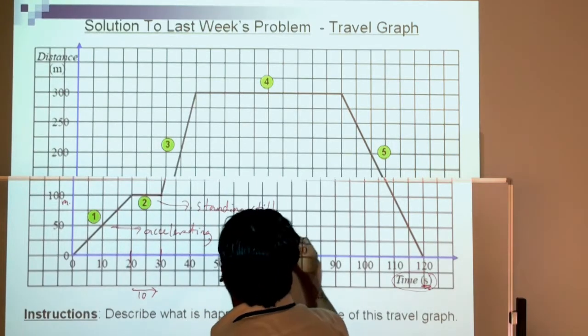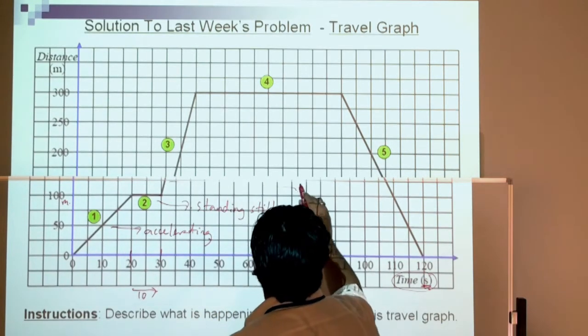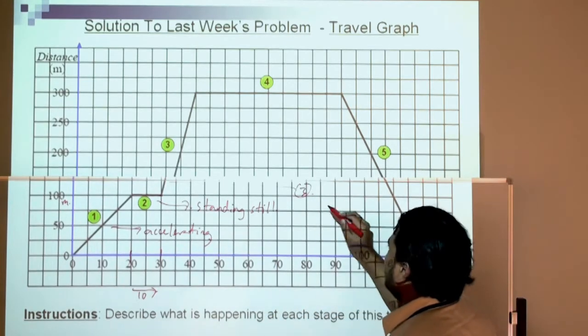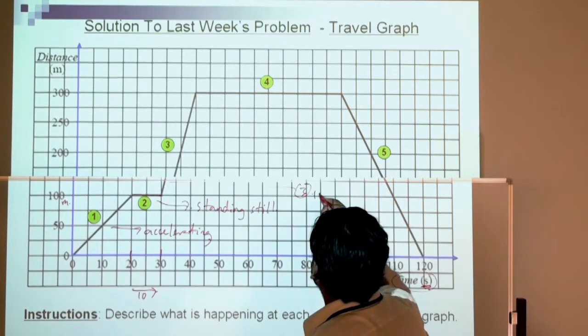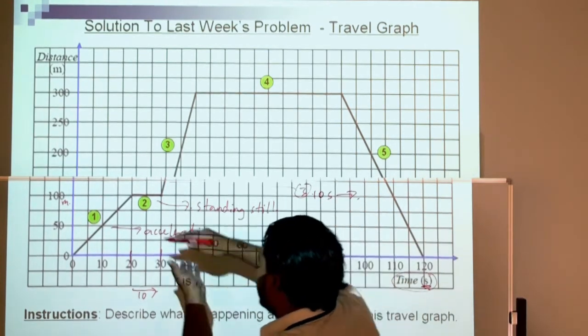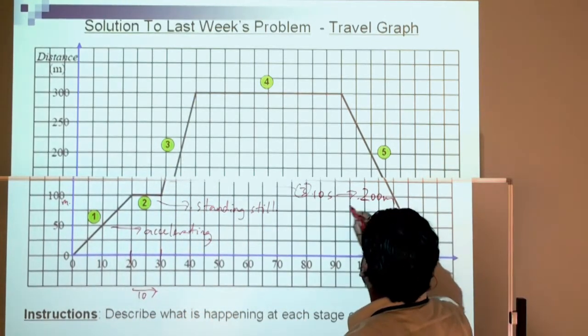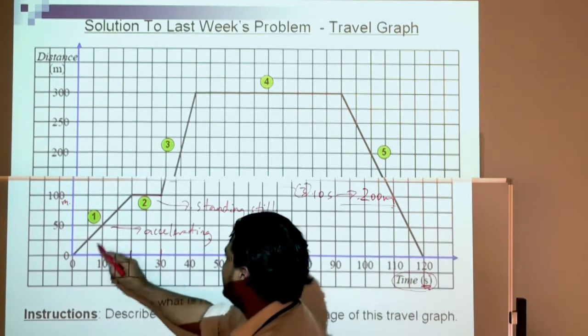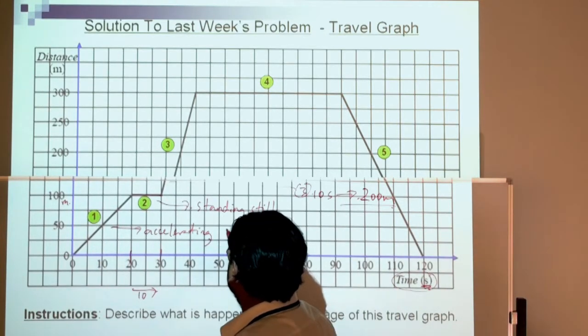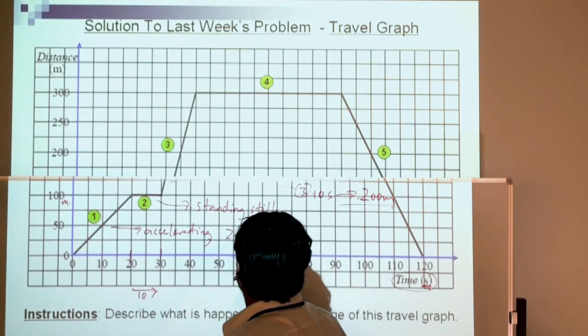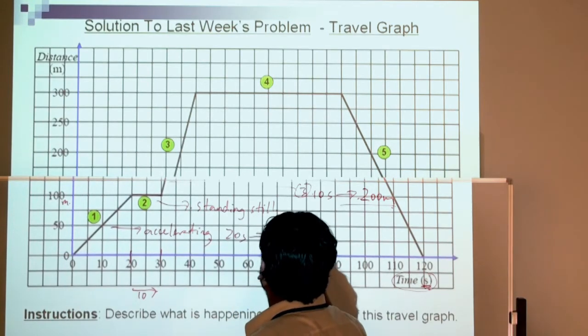So here in stage 3, the car has gone, in 10 seconds, an extra 200 meters, from 100 to 300. So it's going even faster than stage 1. In stage 1, it took 20 seconds to go 100 meters.